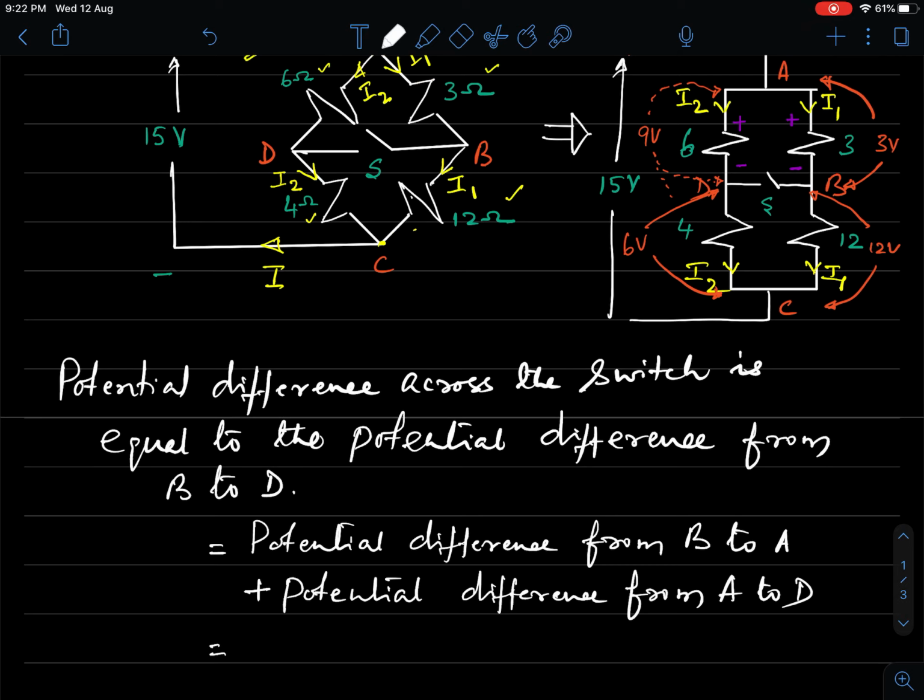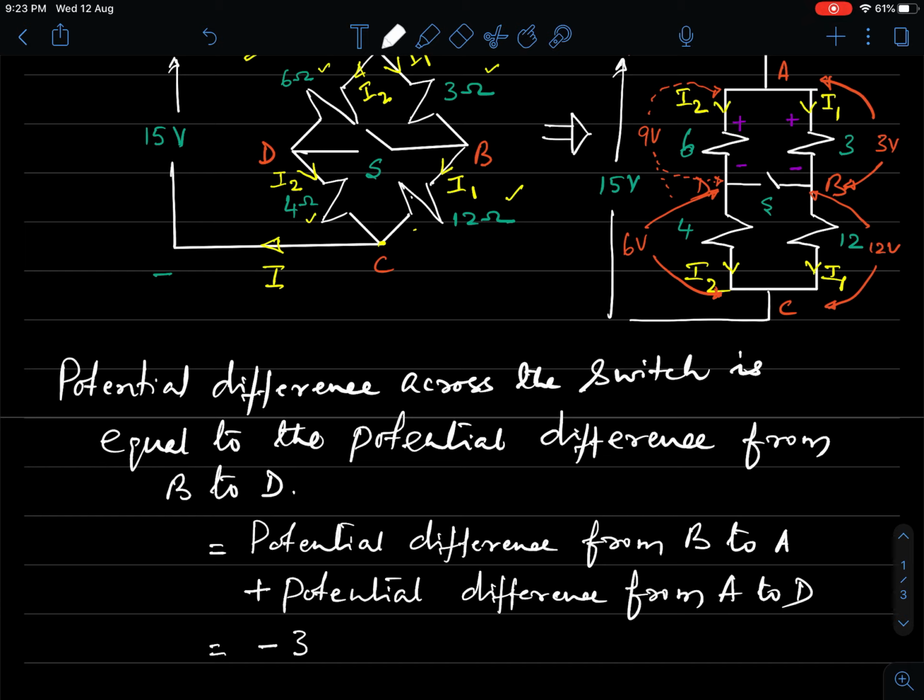If you go from B to A, you are moving from negative to positive, or in the direction opposite to the flow of current, so you are coming across a potential rise of 3 volts. We are following a convention where potential drops are taken positive and potential gains are taken negative. So this is minus 3 V. That is, your potential difference from B to A is minus 3.